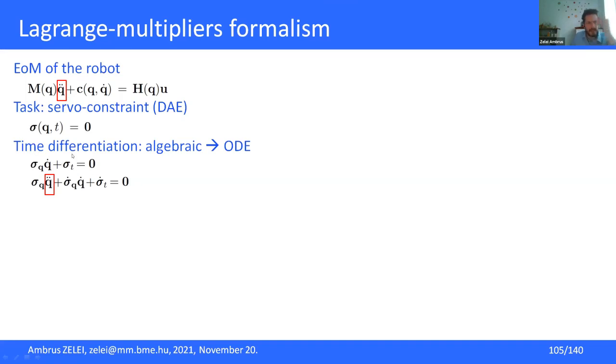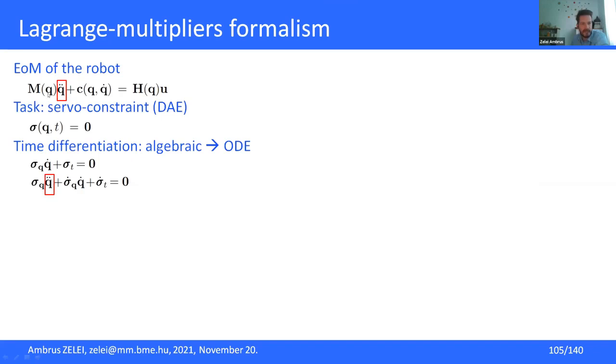And then there will be some terms which are explicitly time dependent. And then we can differentiate one more, and then the happy thing is that the acceleration will appear here. And this is very important.